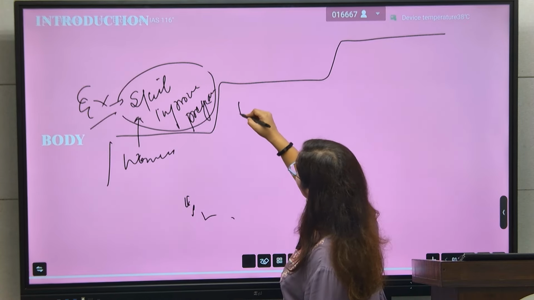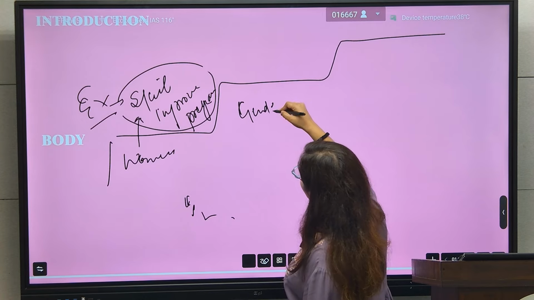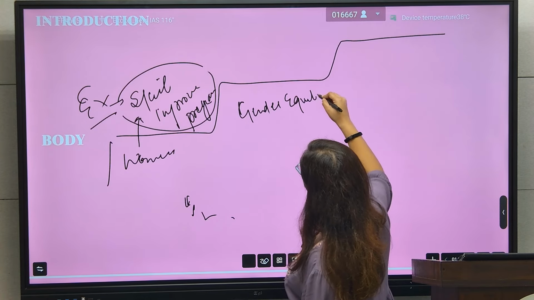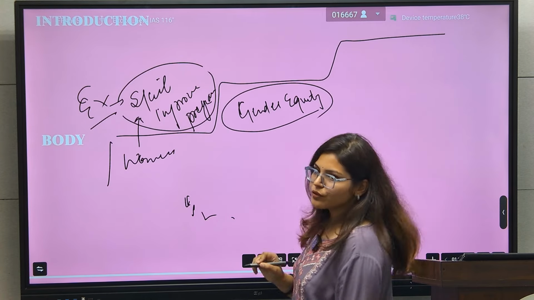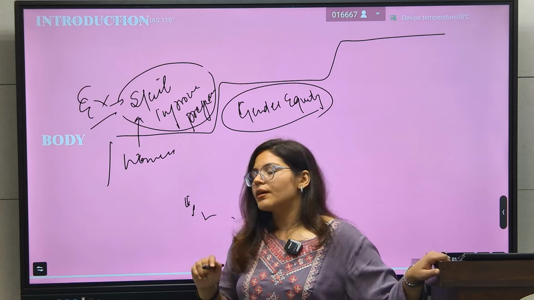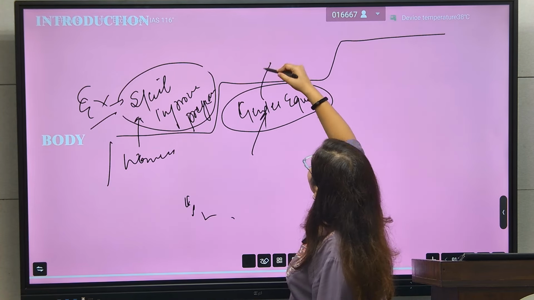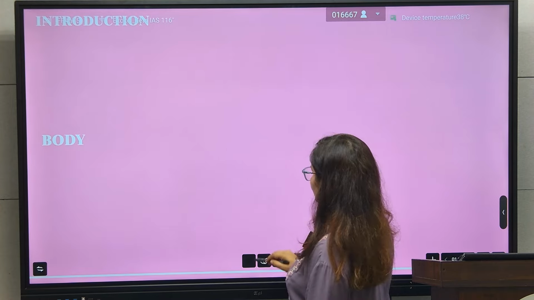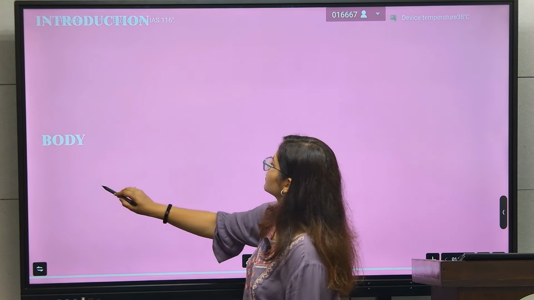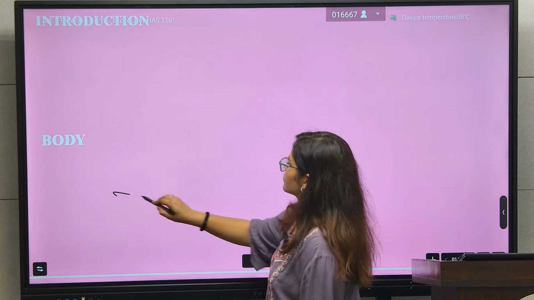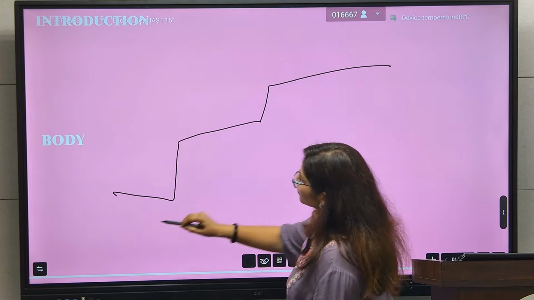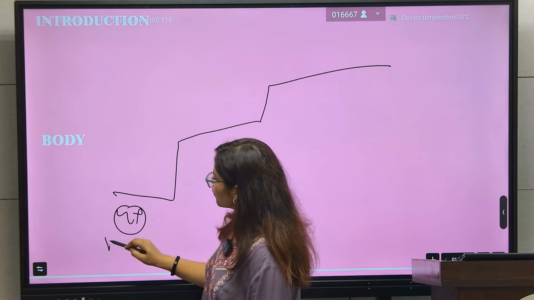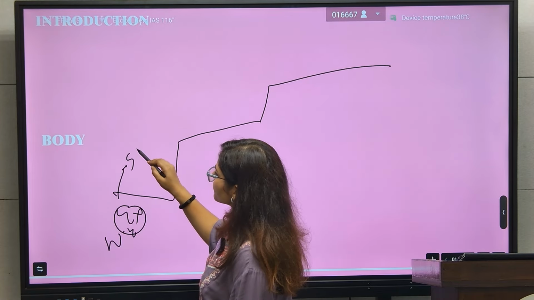Second is gender equity. So the example of gender equity is the reservation. Oh, sorry. So the first example of women empowerment is skill improvement programs.